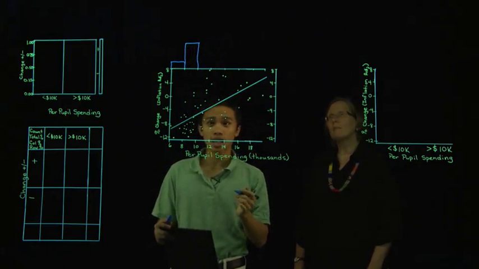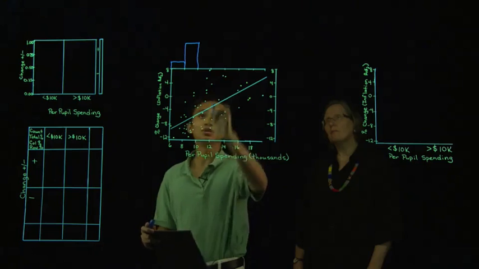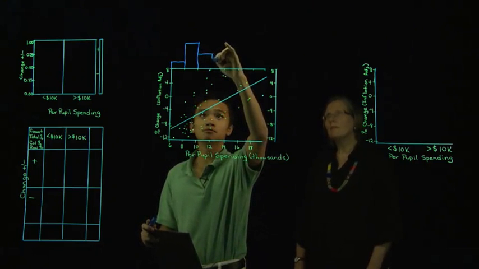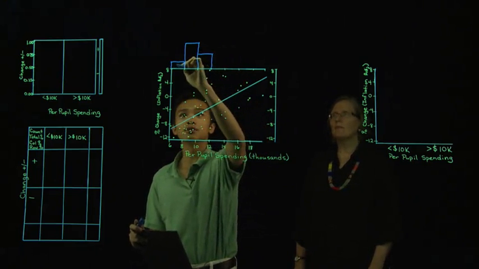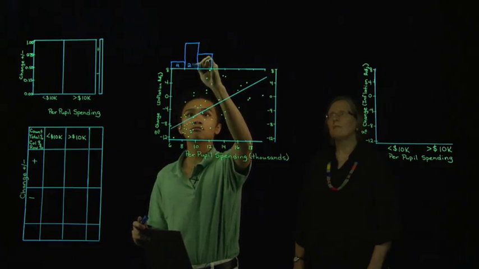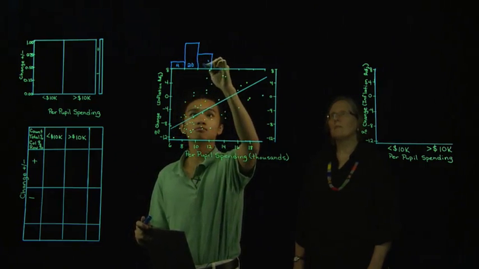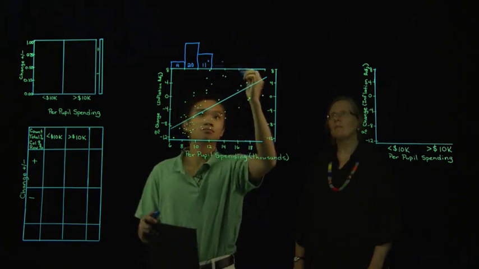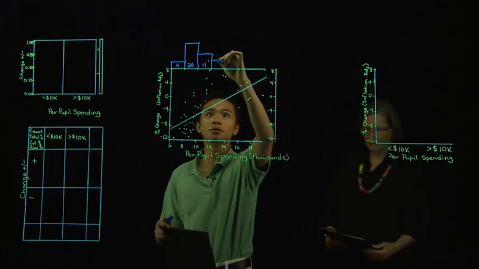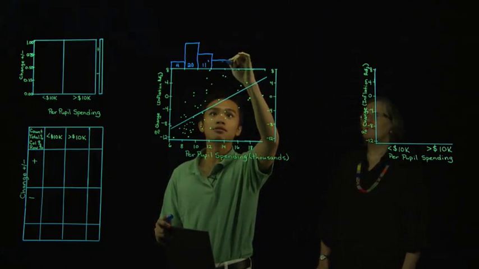Next region has 11 points between 10 and 12. Just write those in. Between 12 and 14 we have about 7 points.